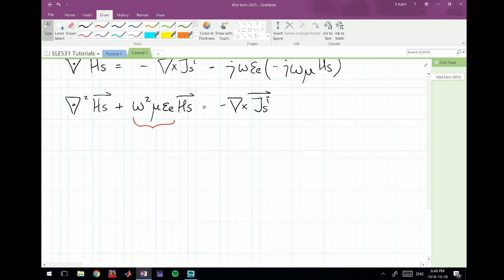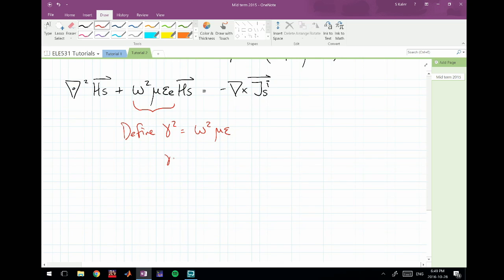So then we define gamma squared equals omega squared mu epsilon. So then that means that gamma equals this square root mu epsilon E, it should be, because we're talking in the general case.